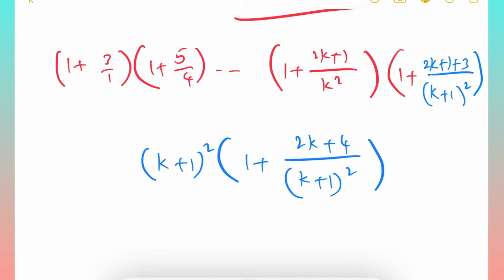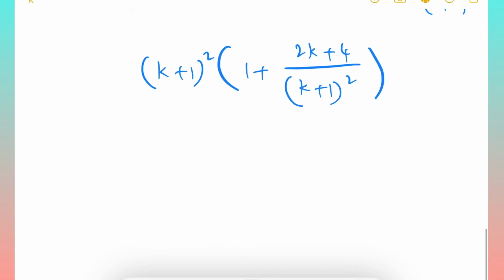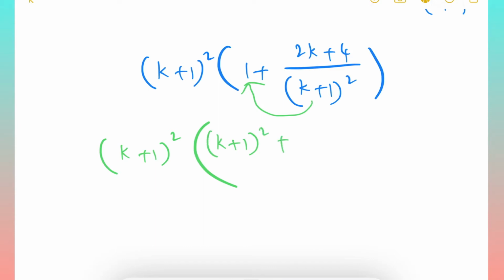Okay, now k plus 1 whole square, which is outside as it is. I'm sorry. k plus 1 whole square into k plus 1 whole square into 1, k plus 1 whole square plus 2k plus 4 whole divided by k plus 1 whole square.